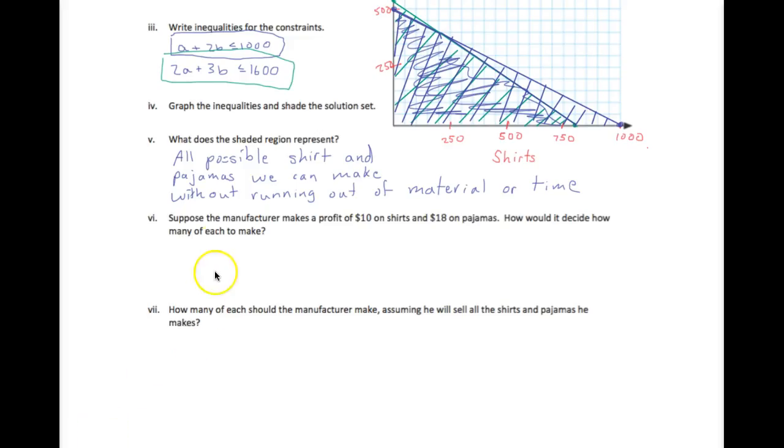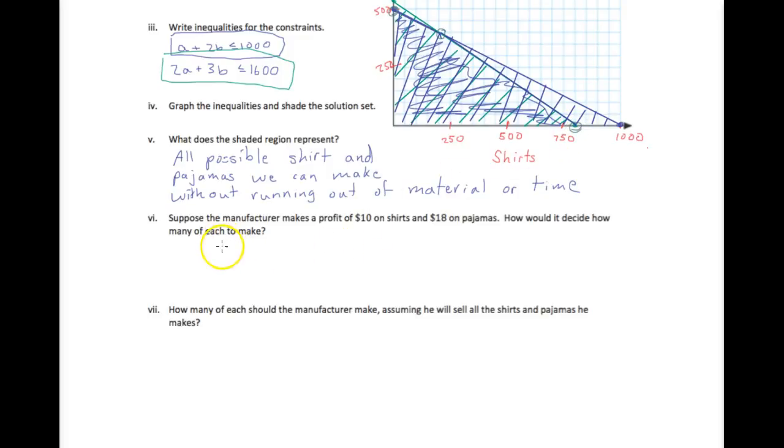Suppose the manufacturer makes a profit of $10 on shirts and $18 on pajamas. How would he decide how many of each to make? Well, to begin with, he's going to need to make the maximum possible. That means he's going to have to pick this point, or this point. Anything left over isn't going to be worth his doing.